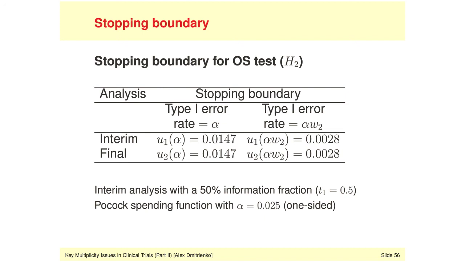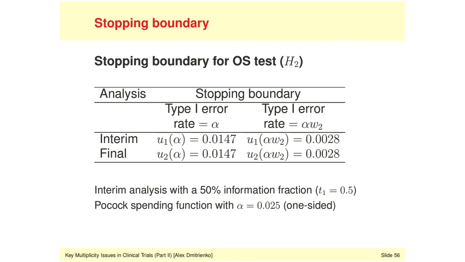To remind you once again, we decided to test the effect of the experimental treatment on overall survival using the Pocock alpha spending function, and that gives us a slightly different set of stopping boundaries based on the full alpha level or based on the reduced significance level, which is given by alpha times W2.